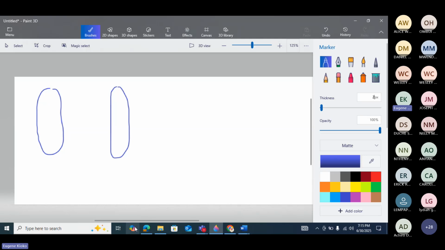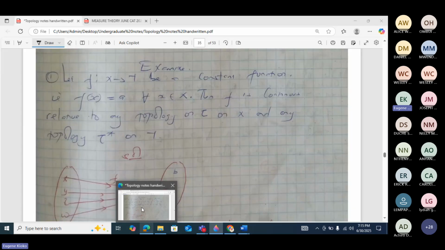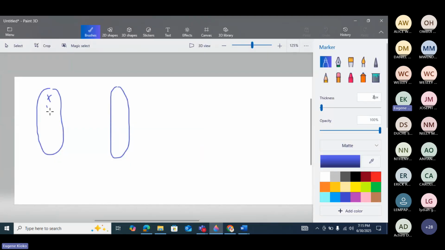For example, take x, y, z, w and a, b, c, d. It's a case whereby all values are mapped to the same value. You can see everything is mapped to B. That is what we call a constant function.